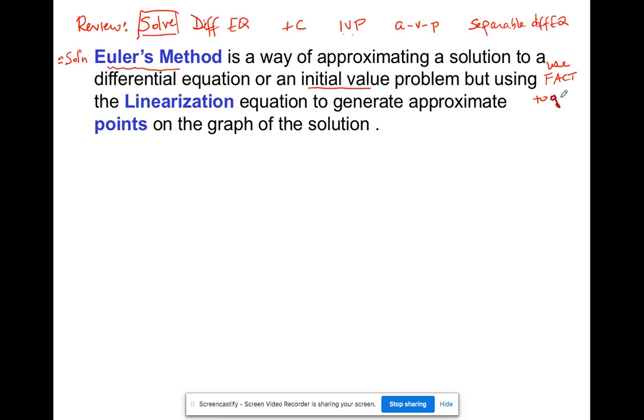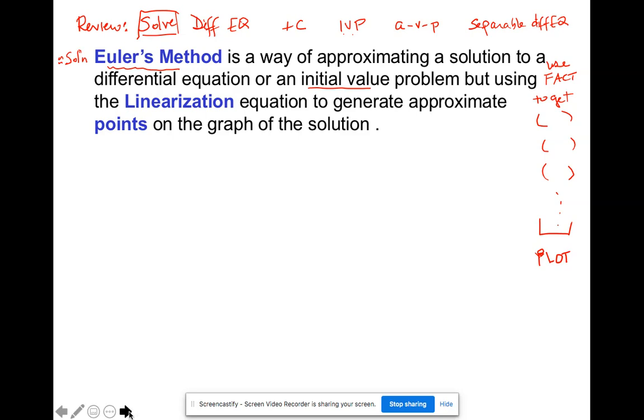Use fact and the derivative to get a bunch of fiction points, right? And then you could plot those points if you wanted. If you plotted the fact and your fiction, then you could get an approximate shape of the original, right?